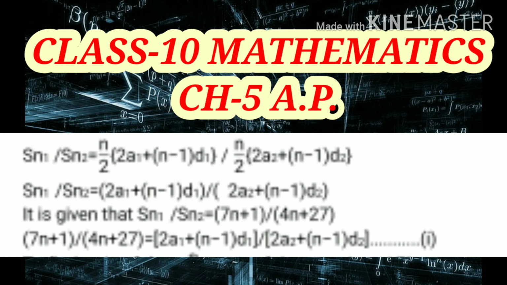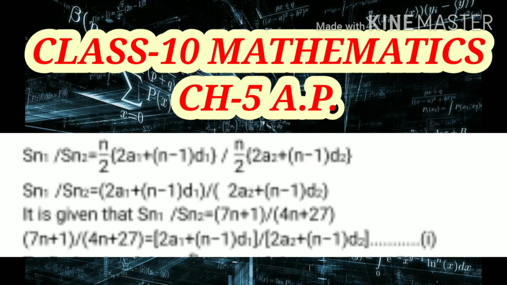Children, we are already given that Sn1 upon Sn2, that is, the ratio of the sum of n terms of both the APs, is 7n plus 1 is to 4n plus 27.